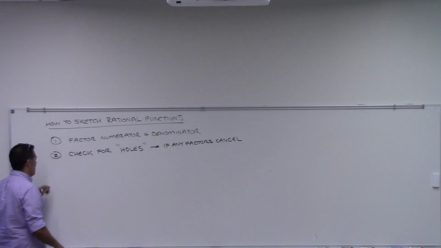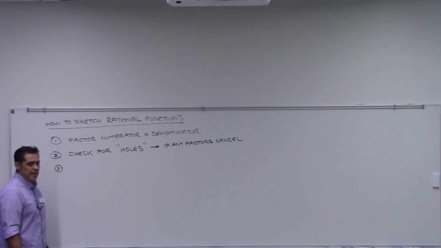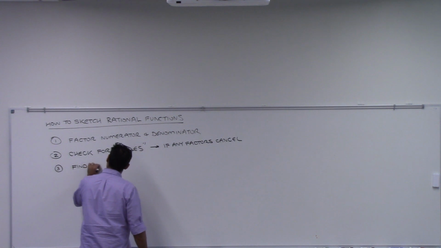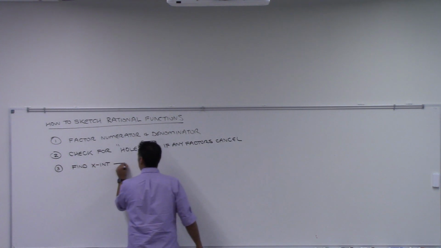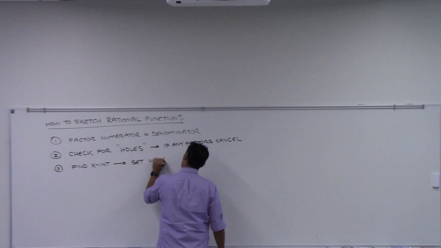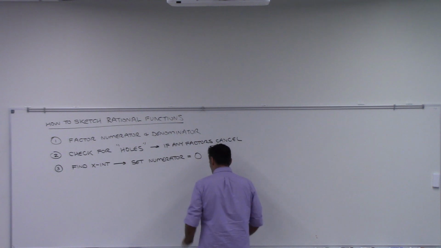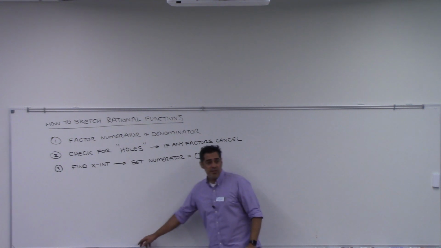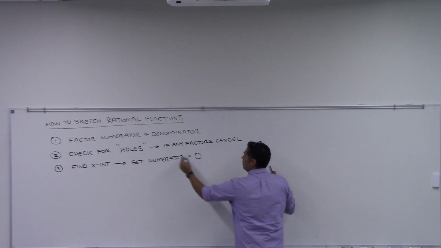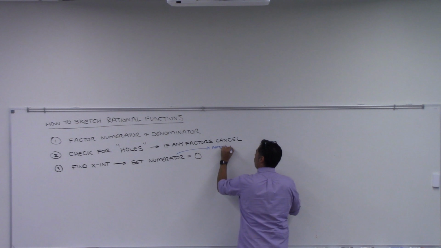All right, the next thing, step 3, is to find the x-intercepts. How do we do that? We set the numerator equal to 0 and solve. Now, keep in mind, when I say numerator, this is after the holes are canceled, right?